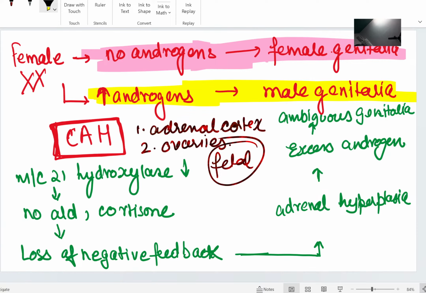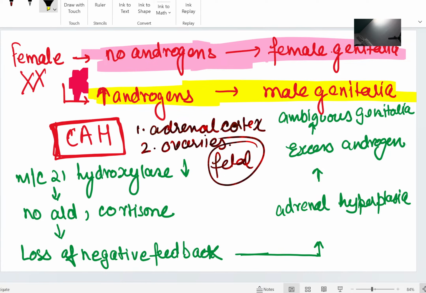Do you remember we discussed it here? That if the androgens are present in the congenital period, then there will be formation of male genitalia. So this you have to remember. Okay, very good, Dr. Sabri, very good.